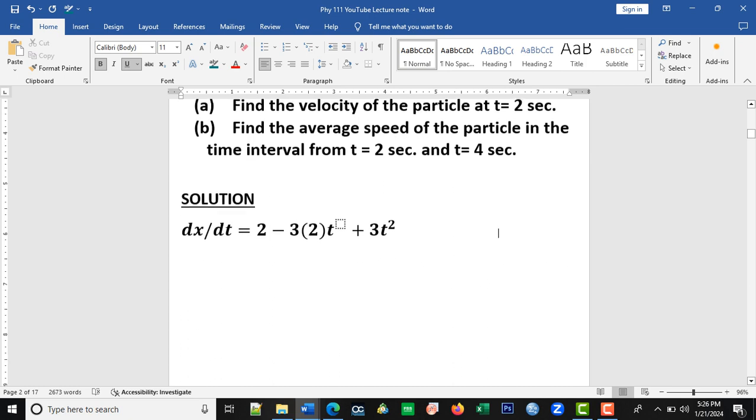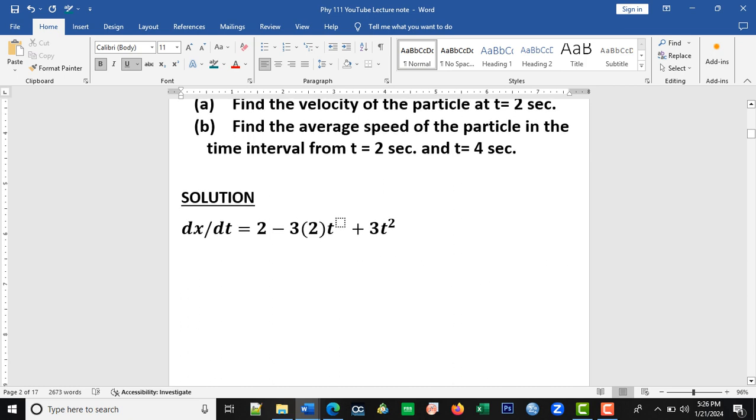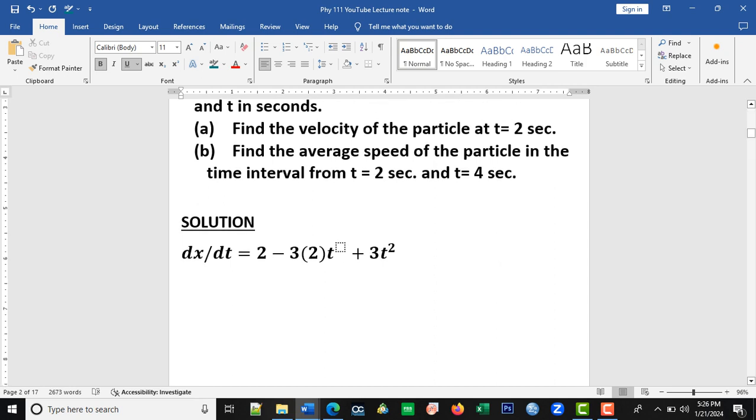Okay. So dx over dt, which is the first derivative, gives us velocity, is the same as 2 minus 3 times 2t plus 3t squared.